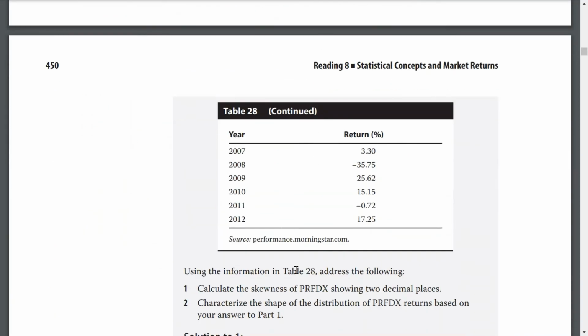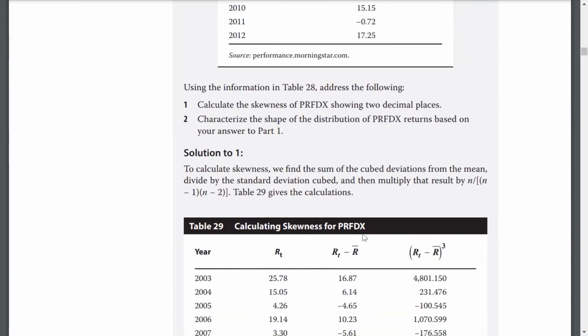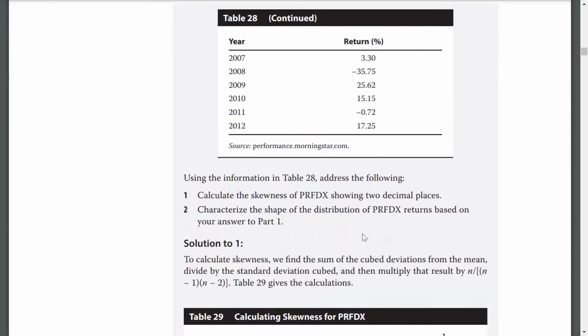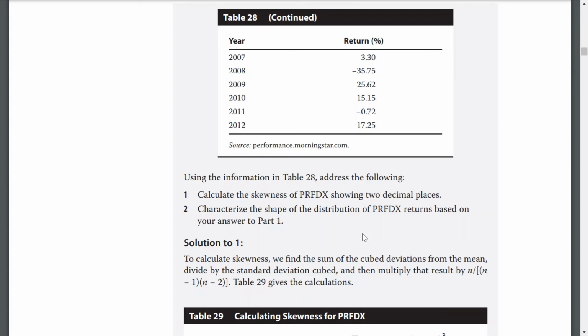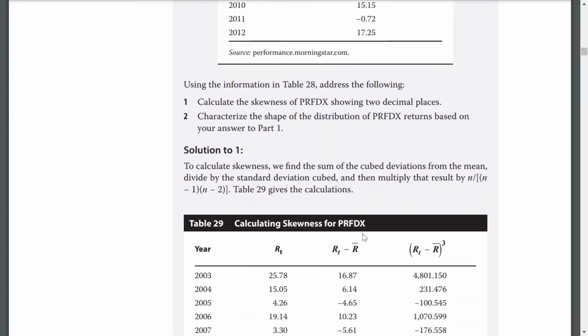You see the trend of 2008; 2008 was a terrible year for most people. Using the information in Table 28, address the following. One, calculate the skewness of PRFDX, showing two decimal places. Two, characterize the shape of the distribution of PRFDX returns based on your answer in Part 1.